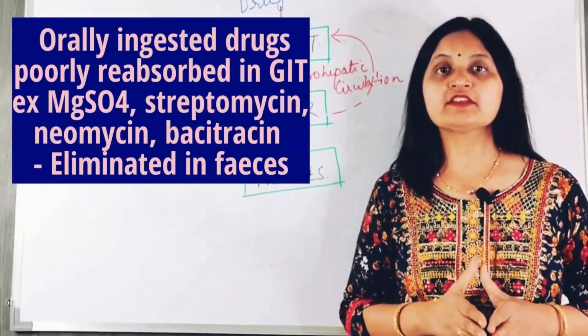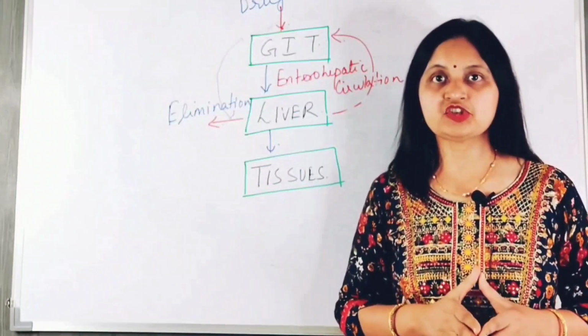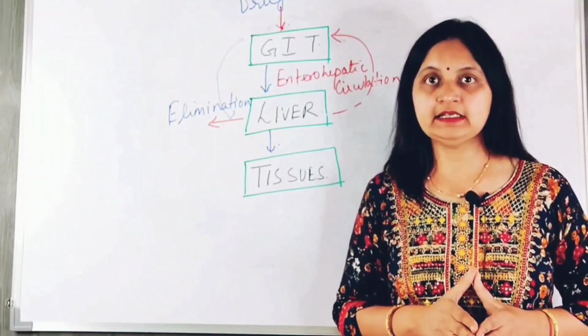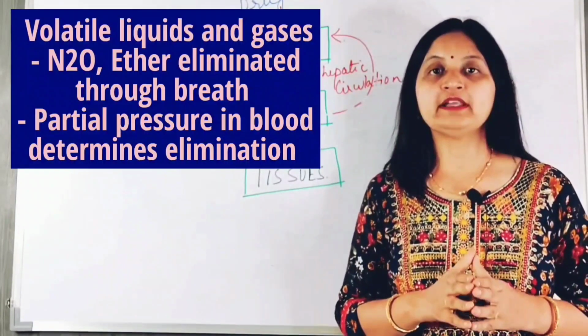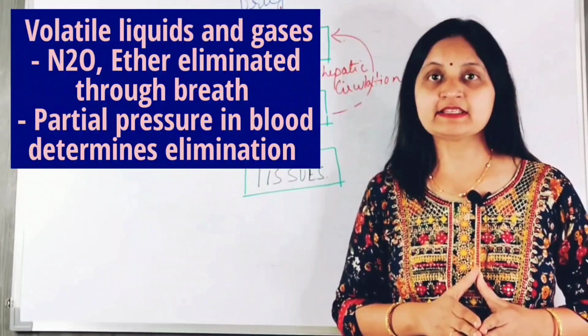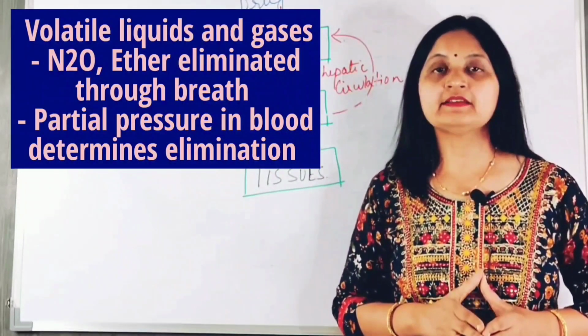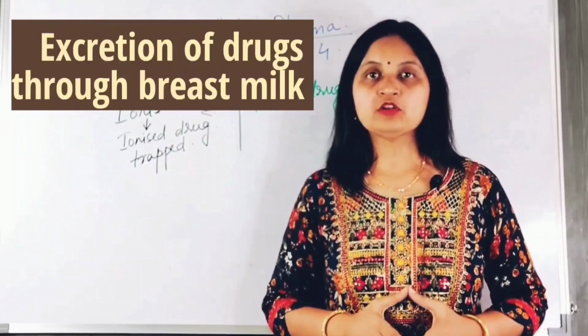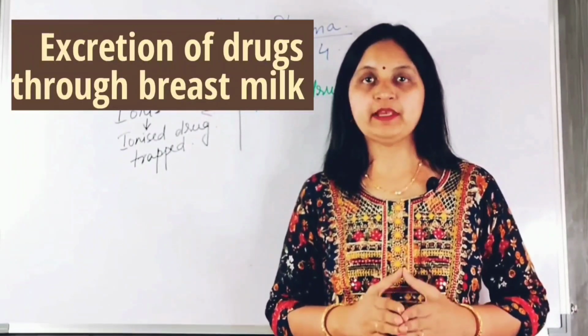The next route of excretion is alveolar excretion. Gases and volatile liquids such as N2O and ether are eliminated through breath, and partial pressure of these gases in blood determines their excretion. The drugs can also be excreted through breast milk.